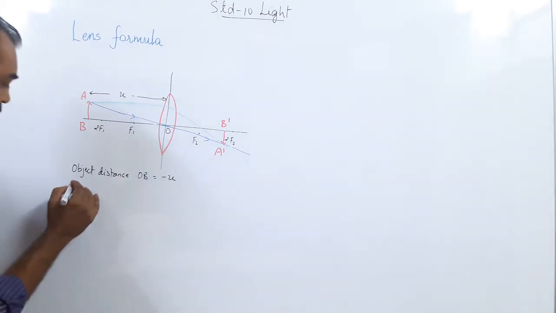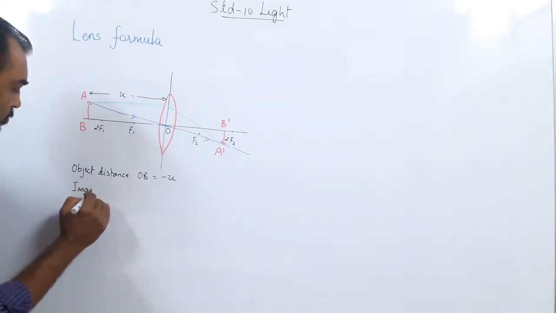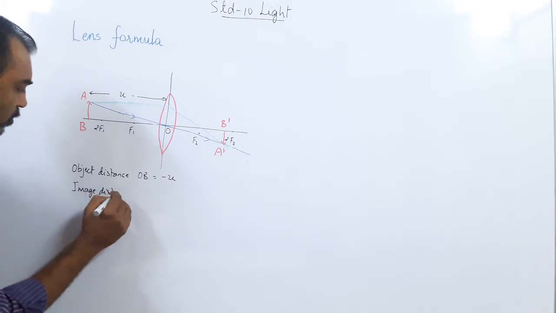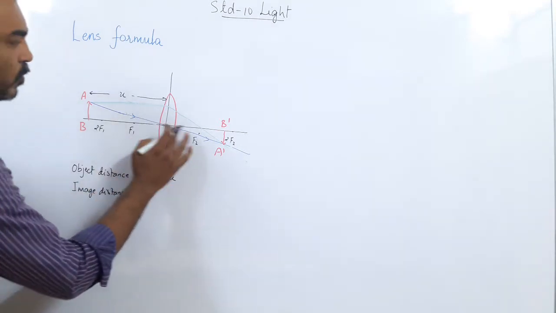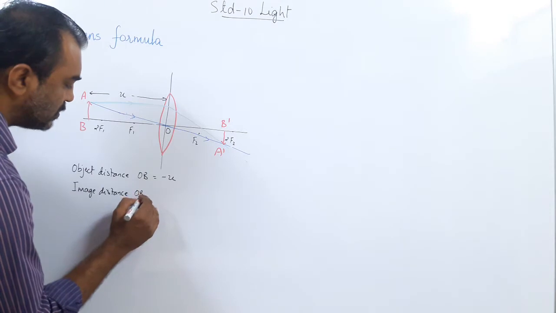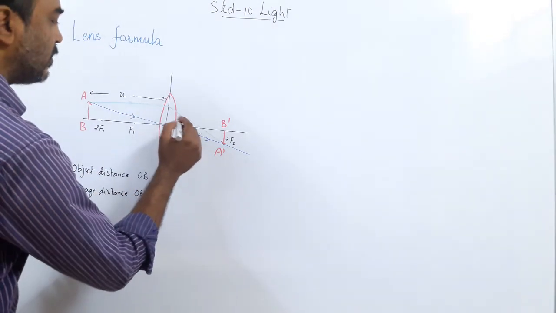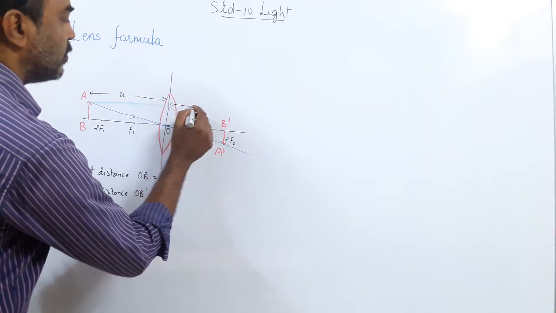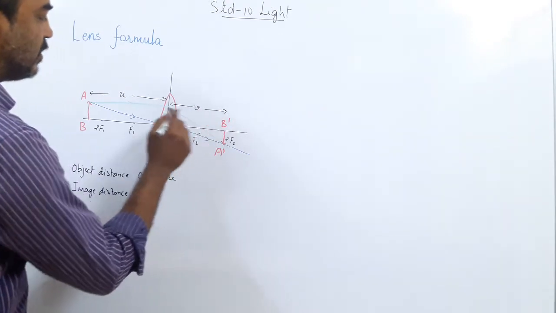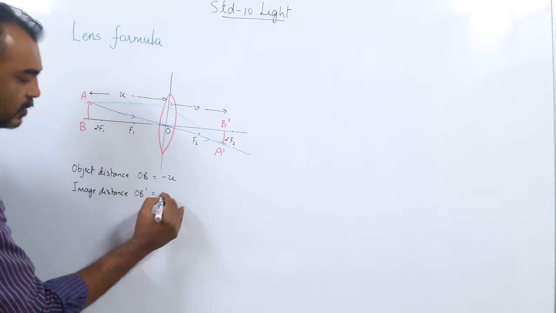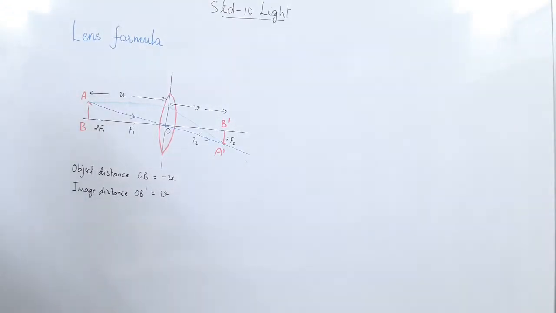Okay? Then the image distance. Where is the image formed? From O at B prime. So the image distance is OB prime. Let us call the distance V. The distance is V and it is on the right side, so this time it is positive.